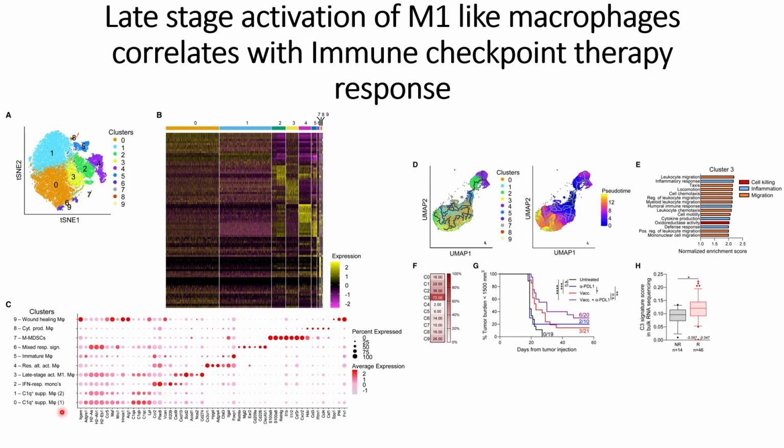Among these clusters, the important thing that they found is that the late stage M1-like macrophage genes are upregulated in this cluster C, and from the pseudotime analysis, they found that this population occurs late compared to the other clusters.